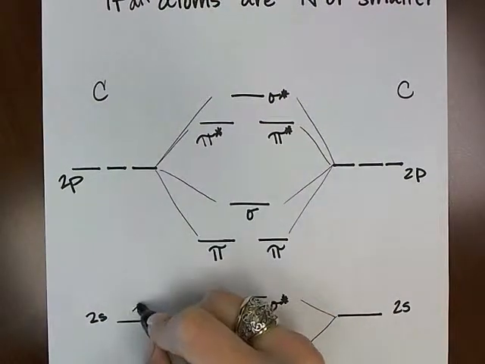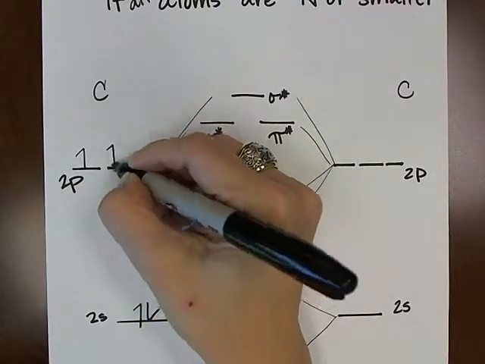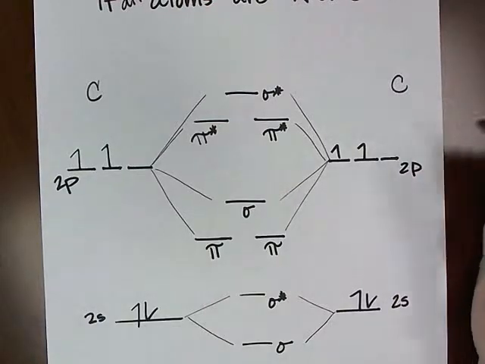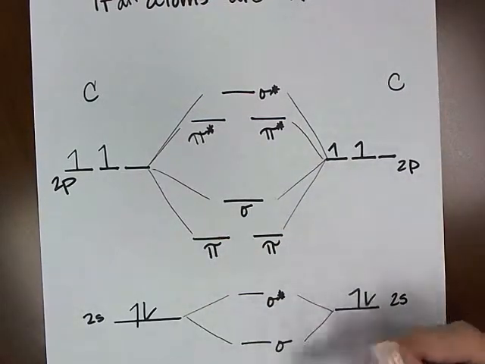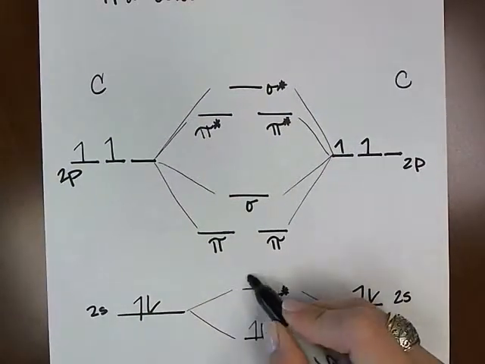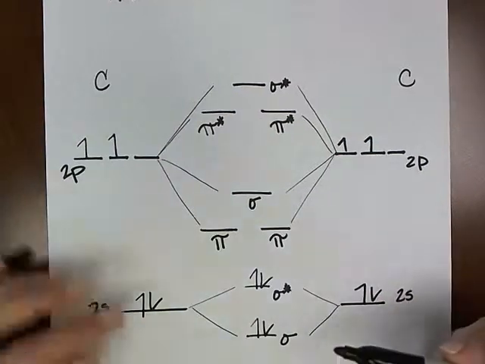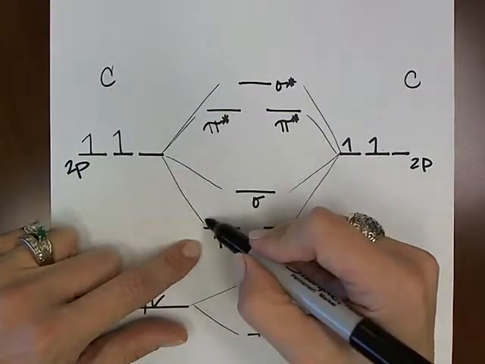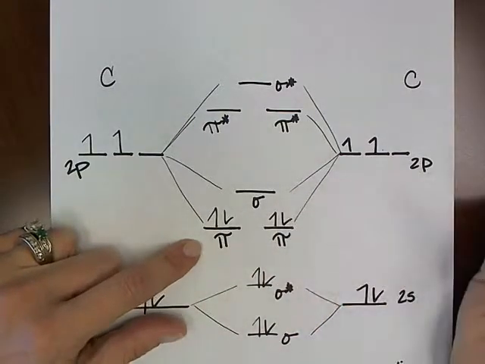So carbons are 2s2, 2p2. So there are 4 valence electrons in each carbon, and then those will populate the molecular orbital. So 4 electrons will populate here, which basically those are going to cancel each other out, and 4 electrons will populate here. 1, 2, 3, 4.